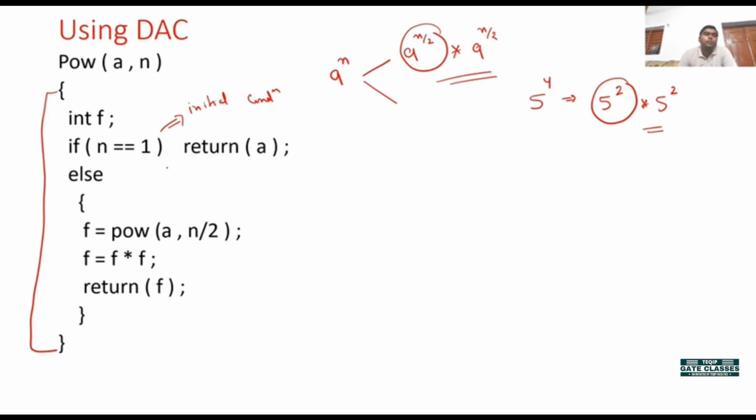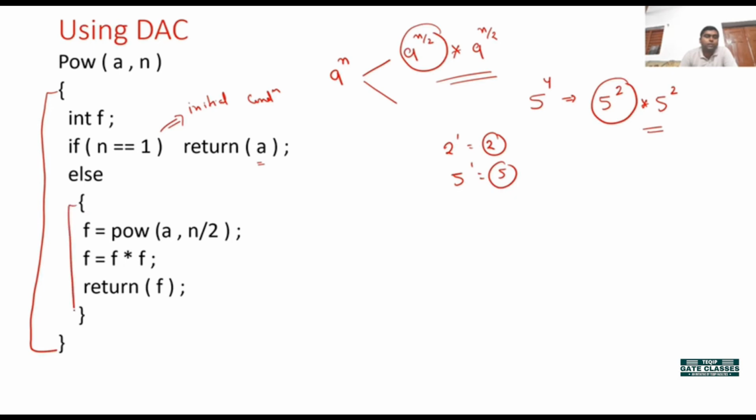So n equals 1: return simply a, because for example 2 raised to the power 1, simply return 2 only. Or say 5 raised to the power 1, simply return 5 only. In this case nothing is there to calculate. So this is the termination condition, simply return a.